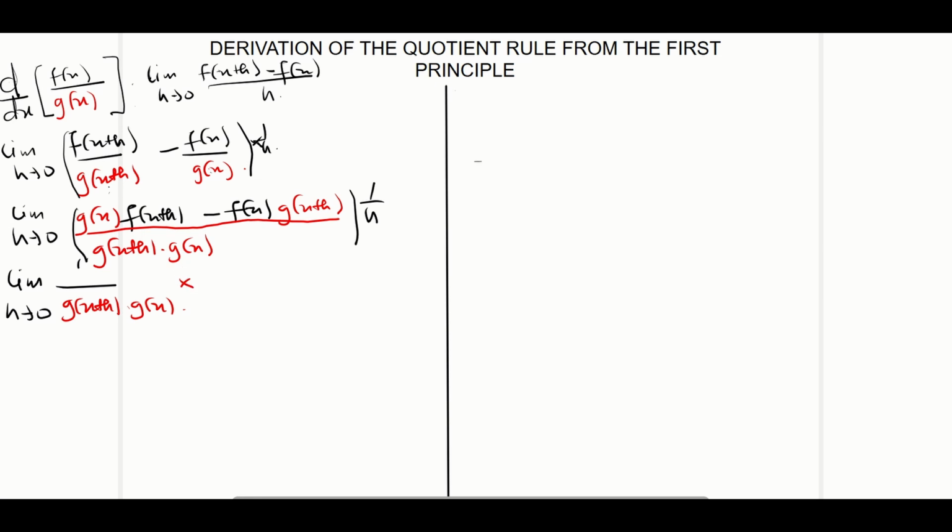And this is multiplying the limit as h approaches 0 of the numerator, where we have g of x multiplying f of x plus h, minus our f of x multiplying g of x plus h.